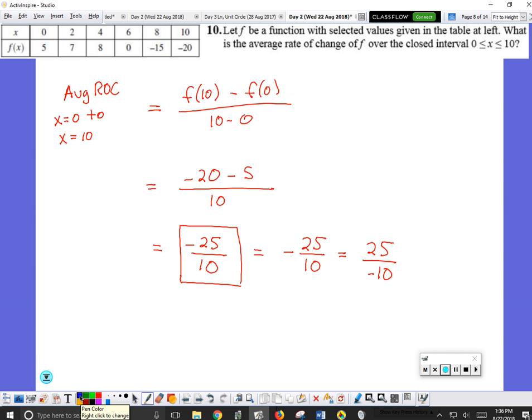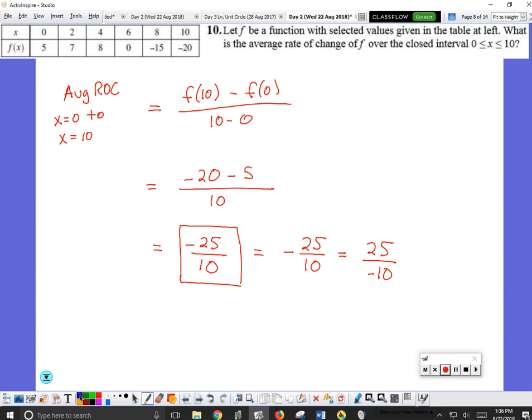You can do it that way as long as you pay attention to the signs. There's nothing wrong with that. If you can visualize it as, hey, this is a positive 5 value, this is a negative 20, you can think of it as a number line and go, oh, the space between them, the change is going to be 25.